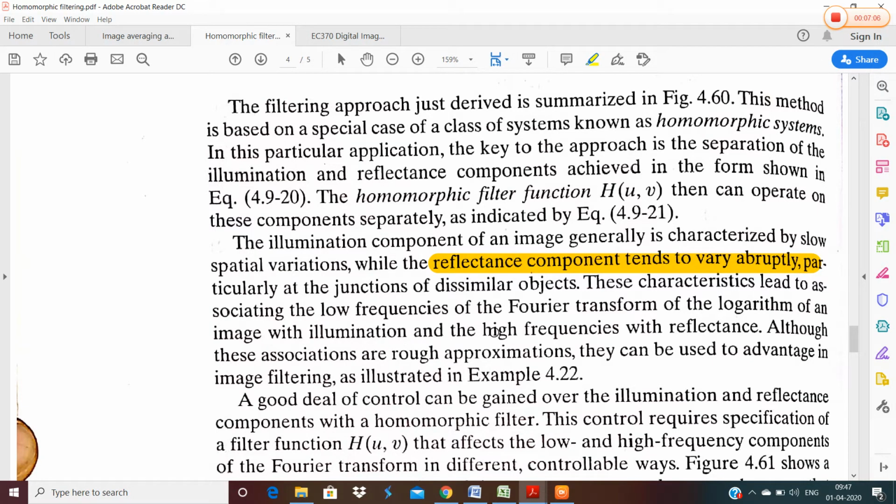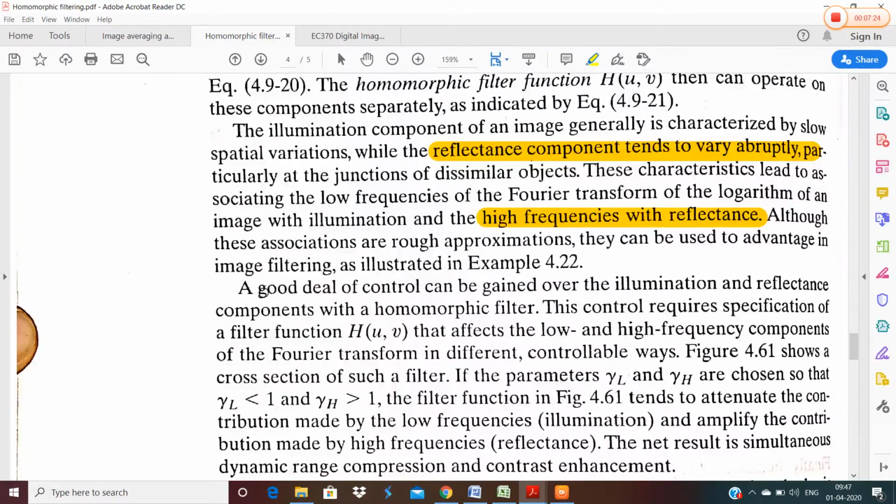So reflectance components are associated with high frequencies. So there is a way to separate your high frequency components and low frequency components roughly using this illumination and reflectance modeling. So a good deal of control can be gained over the illumination and reflectance components with a homomorphic filter.